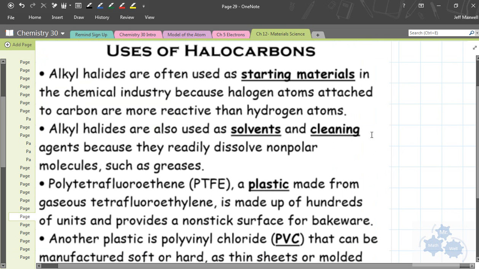All right, uses of halocarbons. Alkyl halides are often used as starting materials in the chemical industry, because halogen atoms attached to carbon are more reactive than hydrogen atoms. So they start off these reactions because they are very reactive. Halogen atoms are more reactive than hydrogen atoms, so you use a halocarbon instead of just a hydrocarbon.